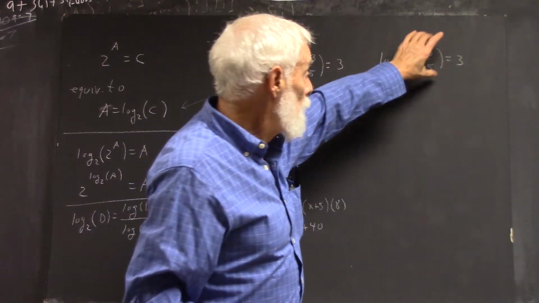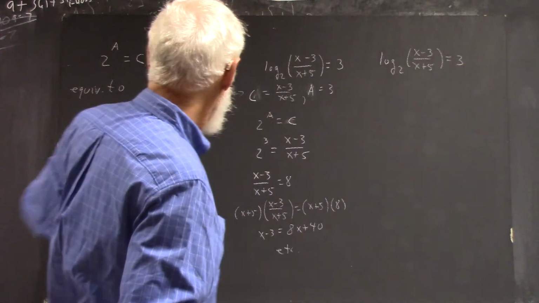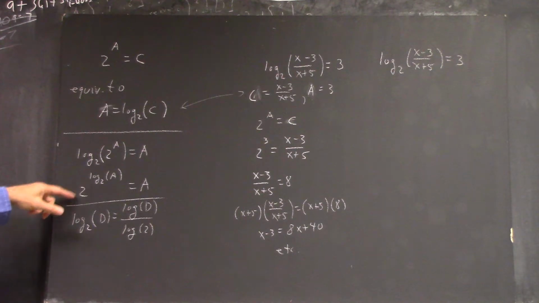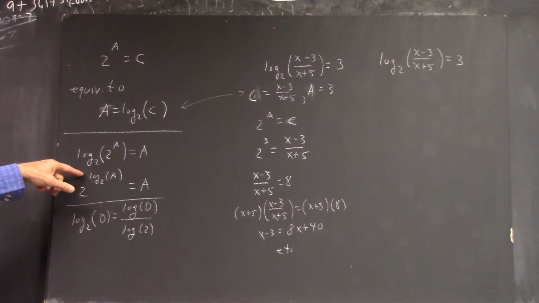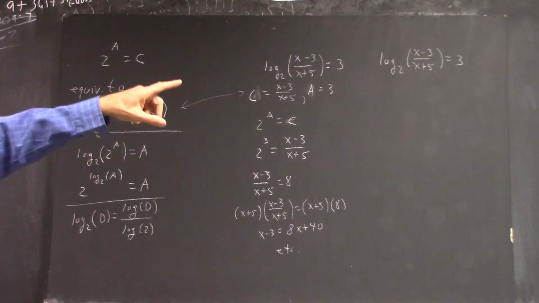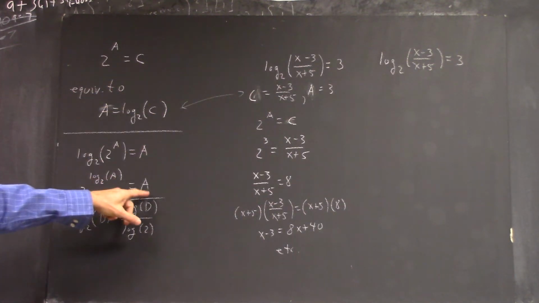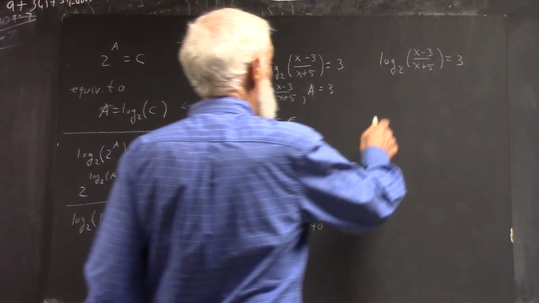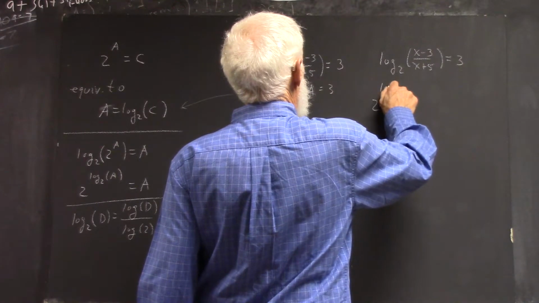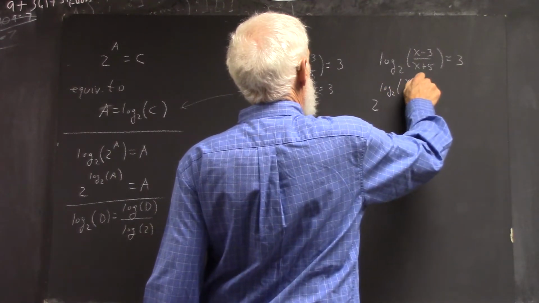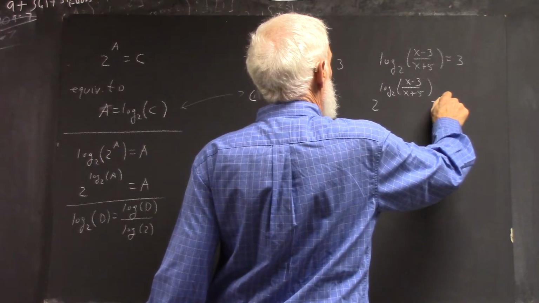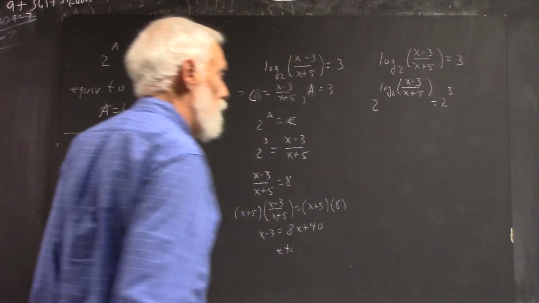Our variable's all bound up in here, so we have to use one of these rules. Well, it's going to be this rule because the thing inside the log base 2 is the thing we want to get out of the log base 2, and this rule gets it out by saying that 2 raised to the log base 2 of x minus 3 over x plus 5 equals 2 raised to the third power.